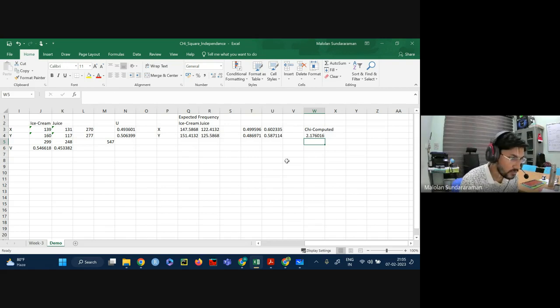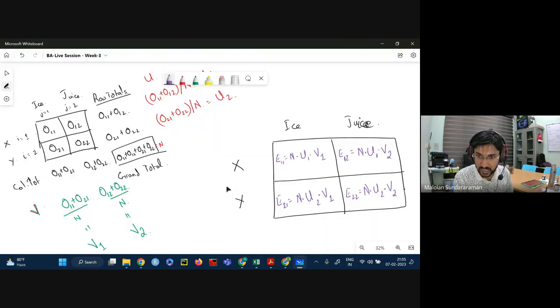Wonderful. So now we have to see whether this 2.17 is a chi-squared value which will help me either reject the null or not reject the null. Please note, in any hypothesis testing in statistics, we always either reject the null or do not reject the null.